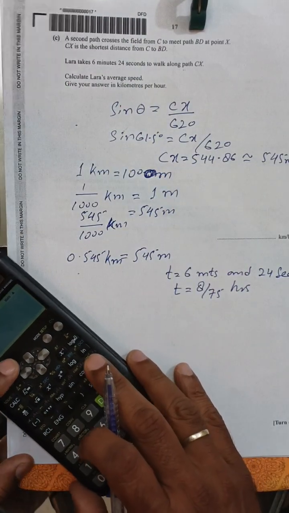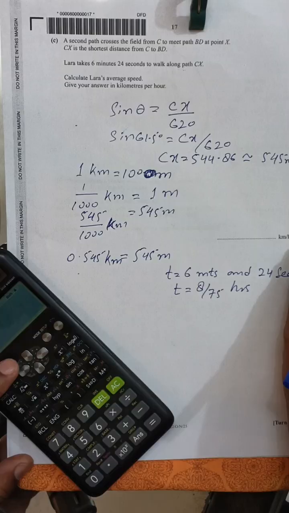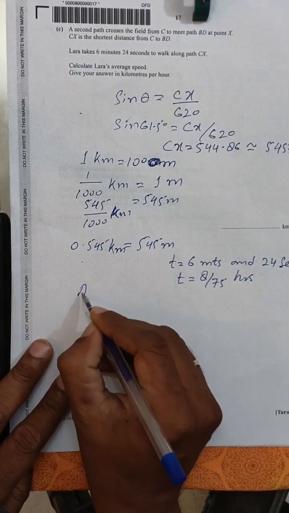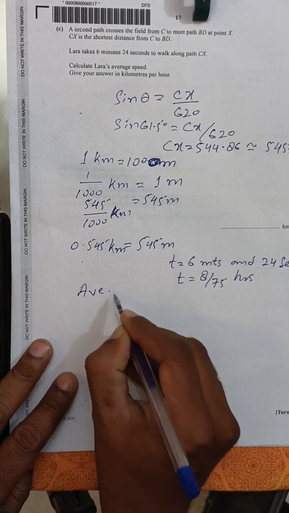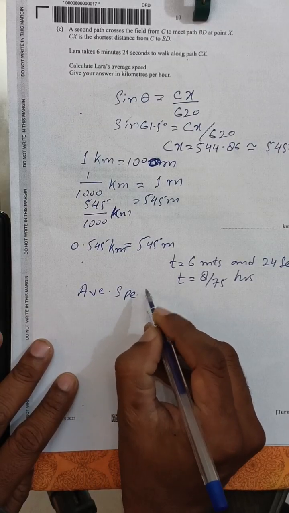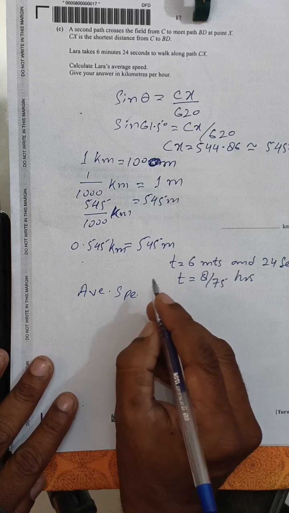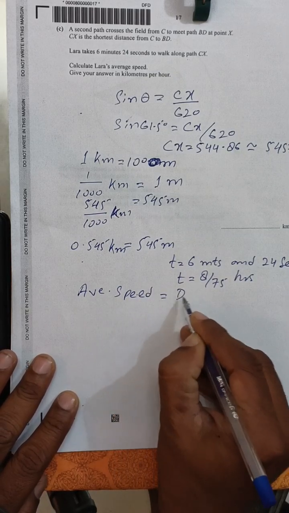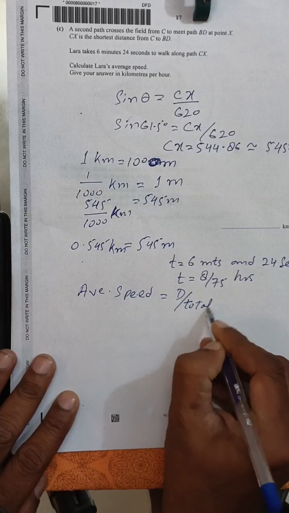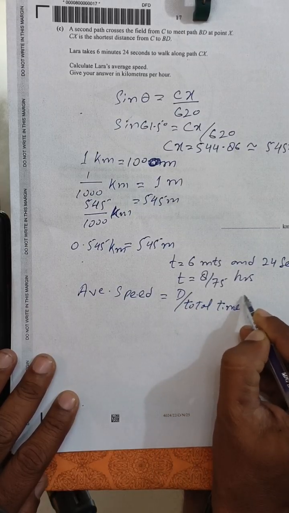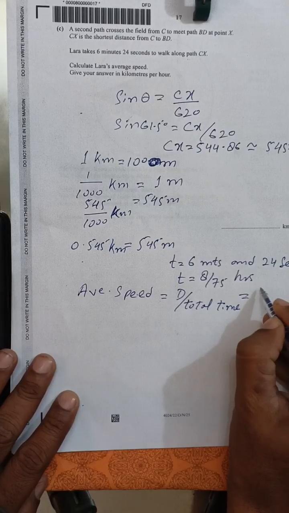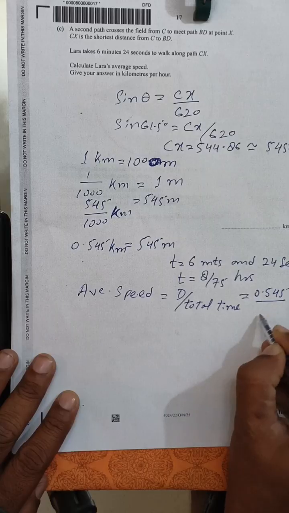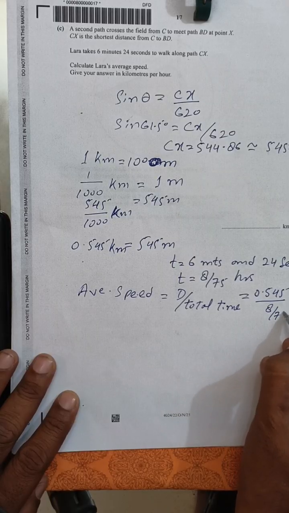Now calculate the average speed. The average speed formula is average speed equals distance divided by total time. Distance is 0.545 divided by total time 8 over 75.